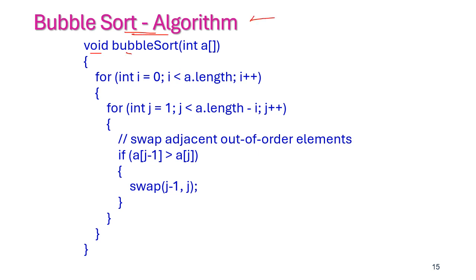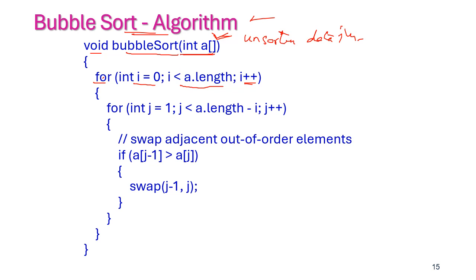In the bubble sort, the parameter is an array, the unsorted data items array. Okay, this array contains unsorted data items. For i equal to 0, i less than a.length, i plus plus.